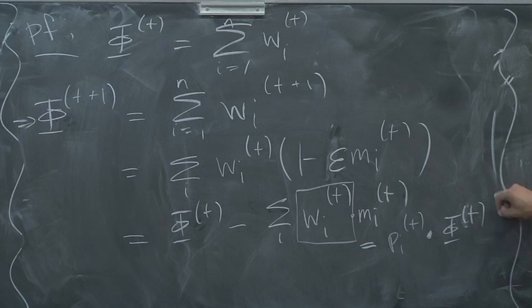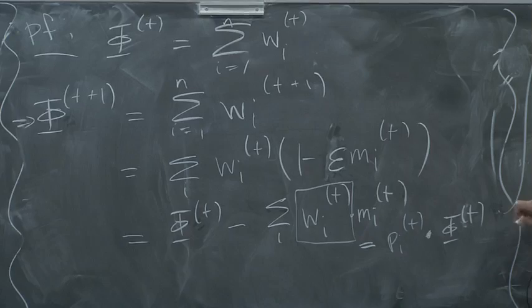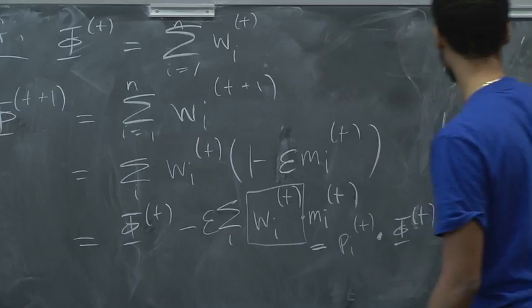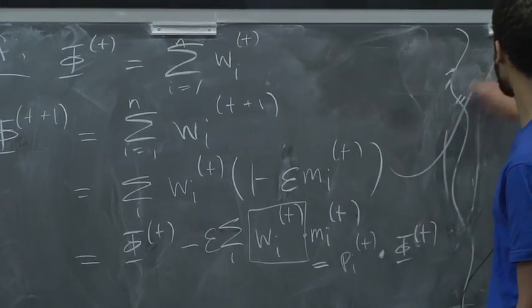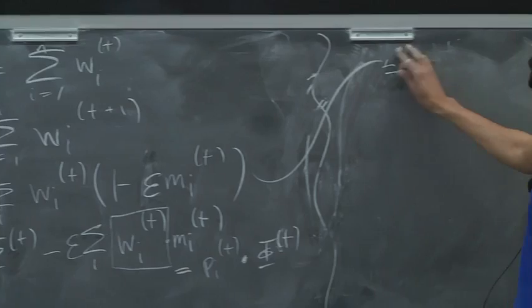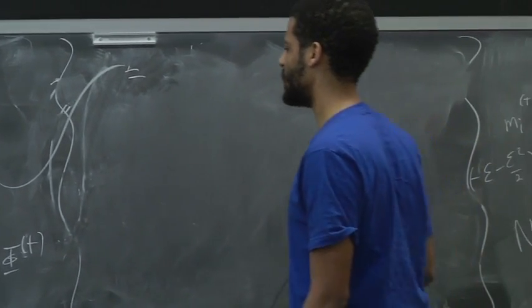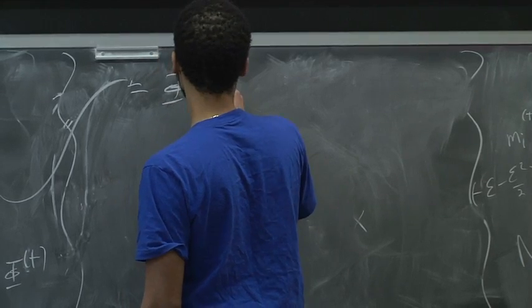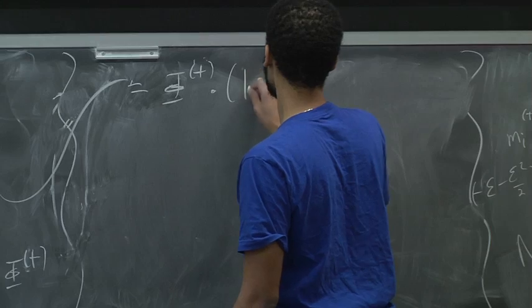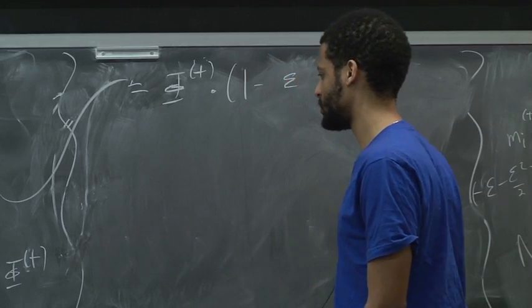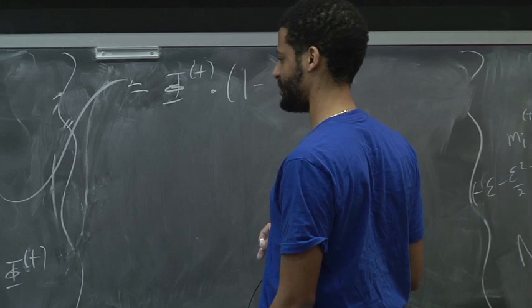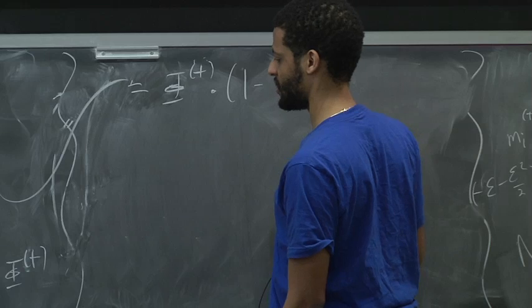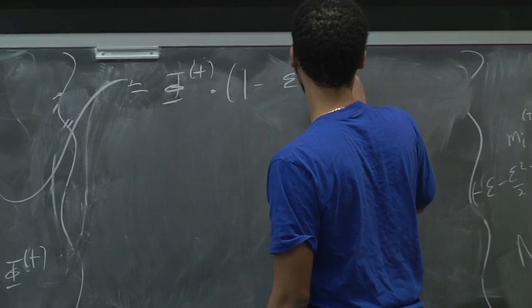So this thing here is equal to phi of t times 1 minus epsilon m of t dotted with p of t.